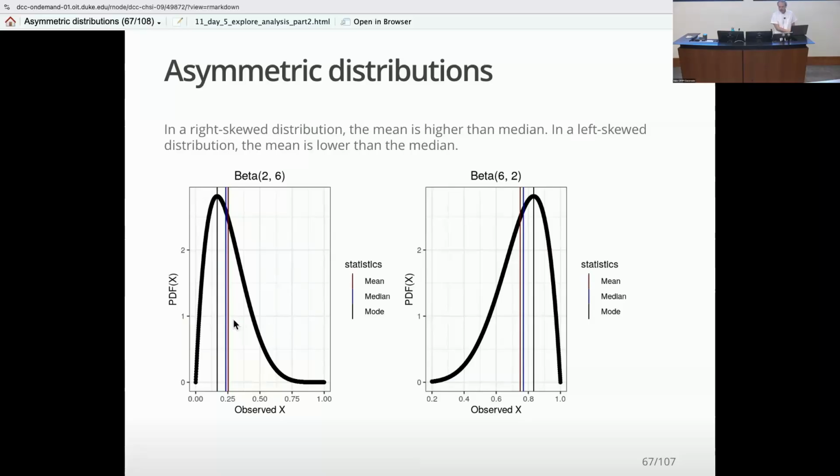And so you can see there's a difference between the mean, the median, and the mode. And in this case, mean is probably not the value that we want to use to represent the central location of this distribution. Questions about that before I keep going?